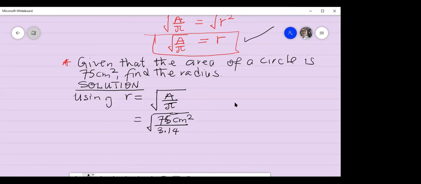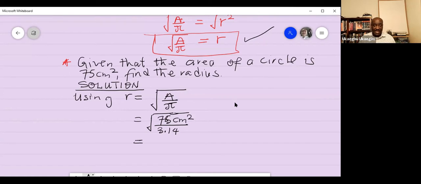So if I use my own calculator, I will just press 75 divided by 3.14. That gives me 23.8853 centimeters squared, so we have the square root of that.